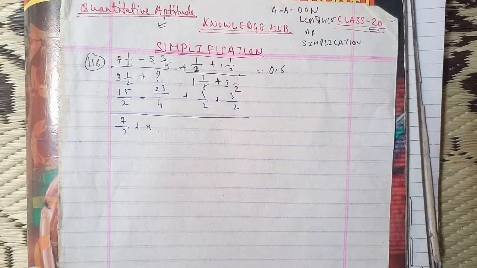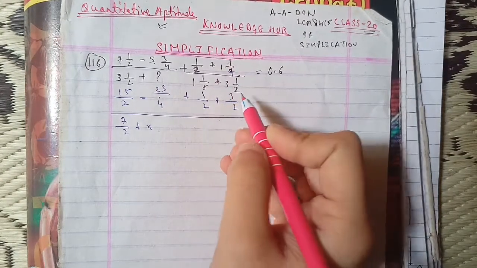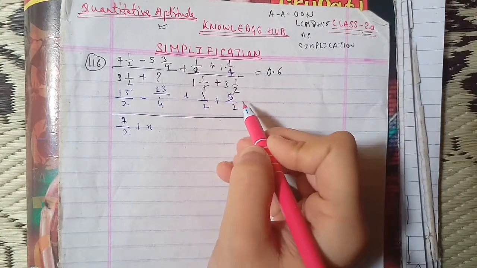This is your 4, sorry, this is your 4. So 4 into 4 plus 1 is 5 by 4.